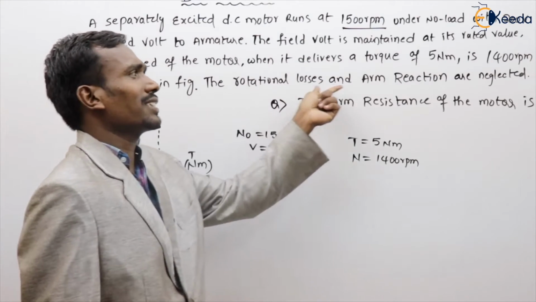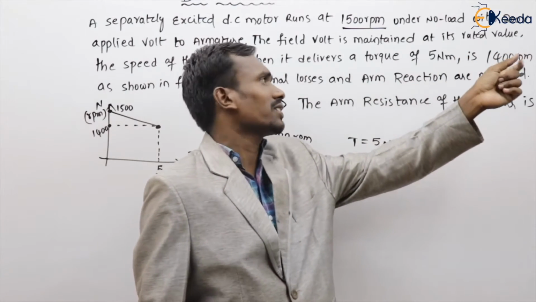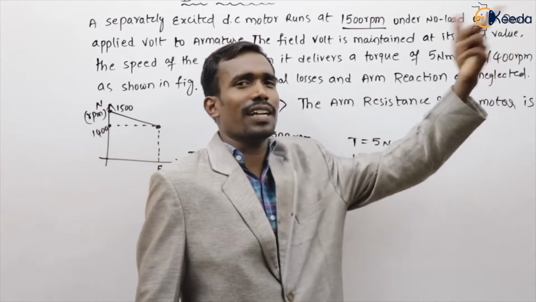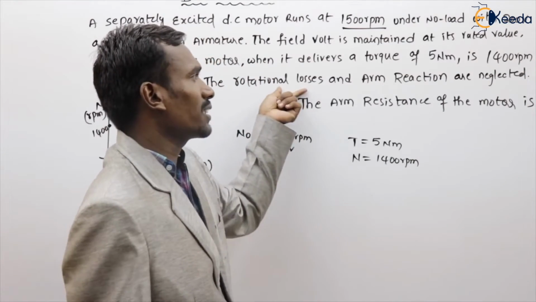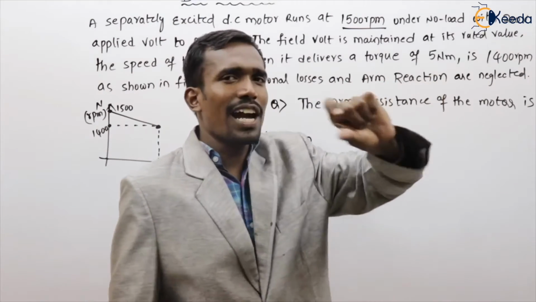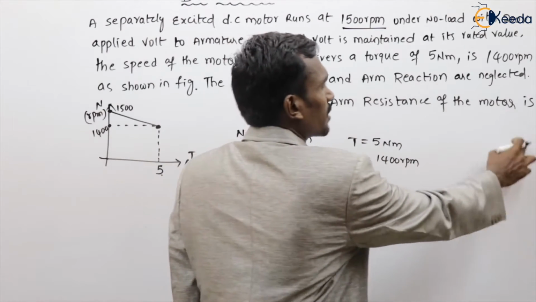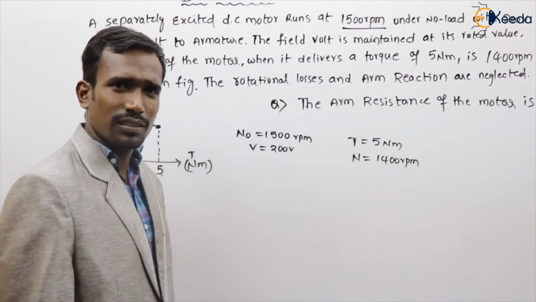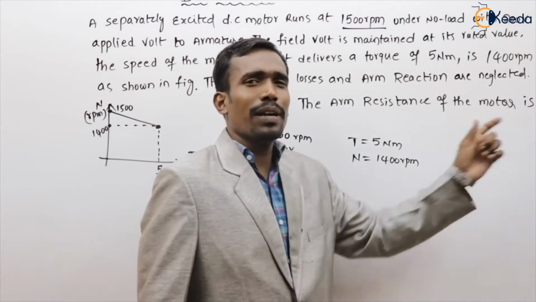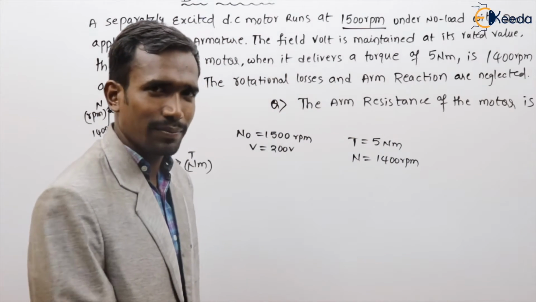The rotational losses and armature reaction are neglected. Then we have to find out the armature resistance, Ra.